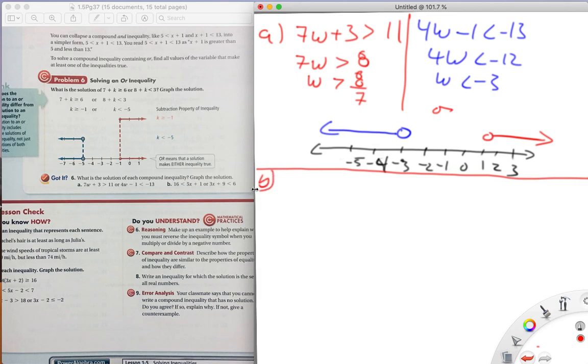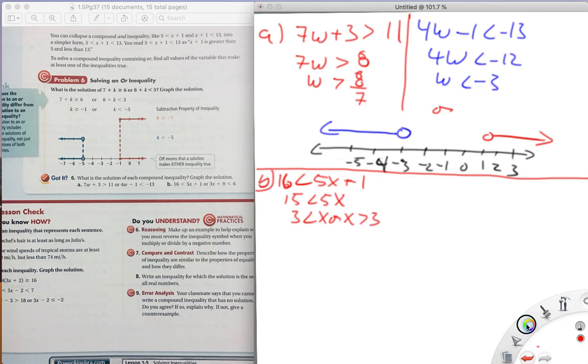For B we have 16 less than 5x plus 1. Subtract 1 from both sides. 15 is less than 5x, which gives us 3 is less than x, or we can say that x is greater than 3.